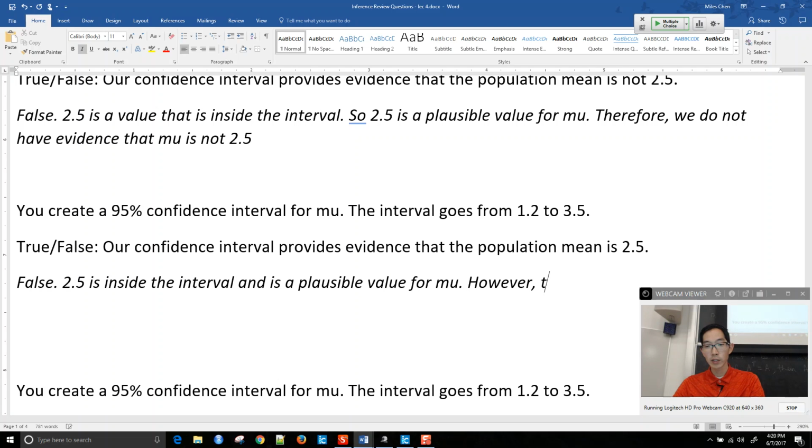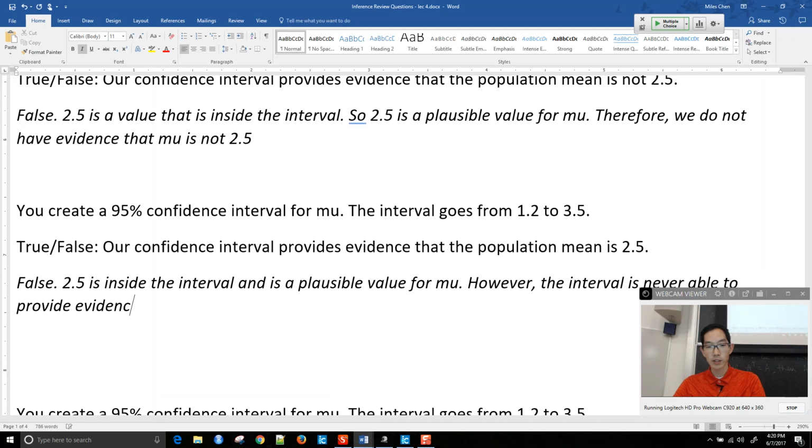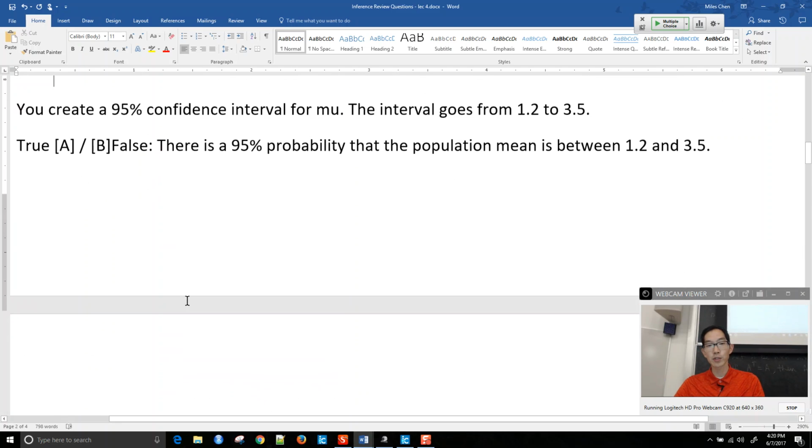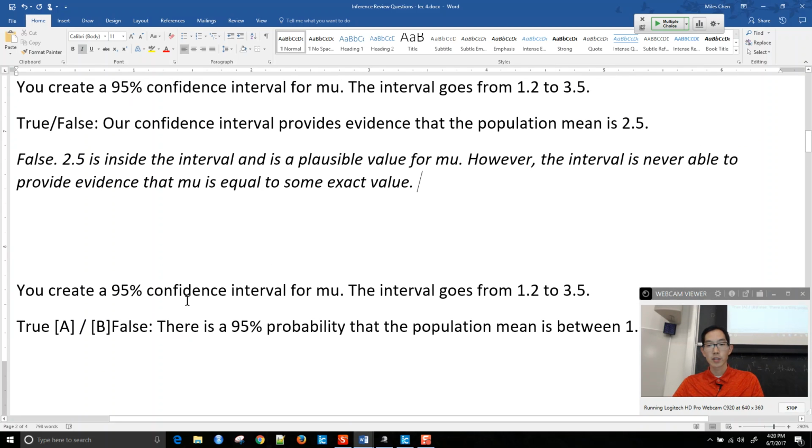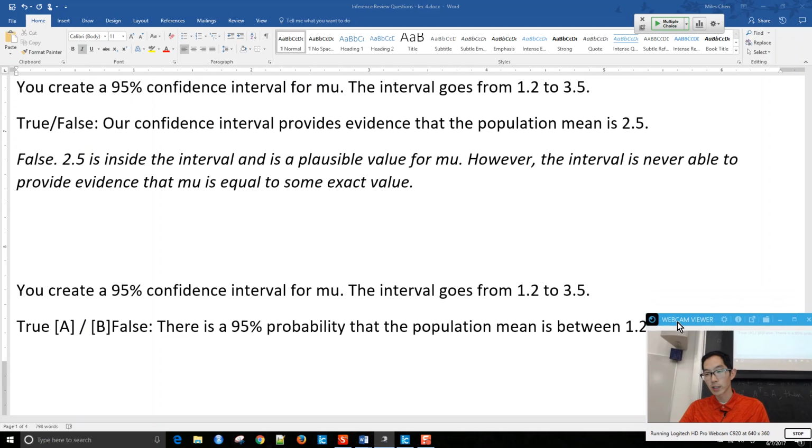However, the interval is never able to provide evidence that mu is equal to some exact value. The confidence interval is only able to say that these values are plausible, and it's never able to say that it is definitely equal to 2.5. So we have to say false.